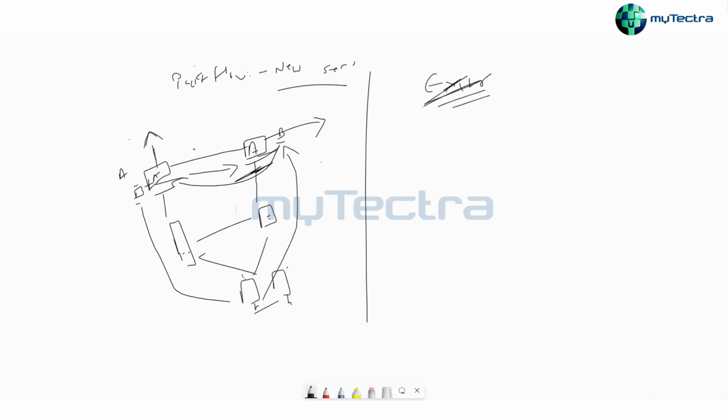Once the device recovers, the floating IP and the virtual MAC will move back to the original device again. Till that time, it will be with the other device, which will take ownership.